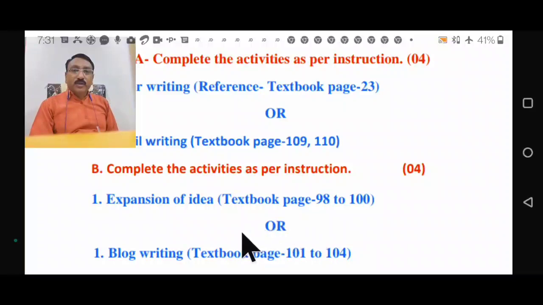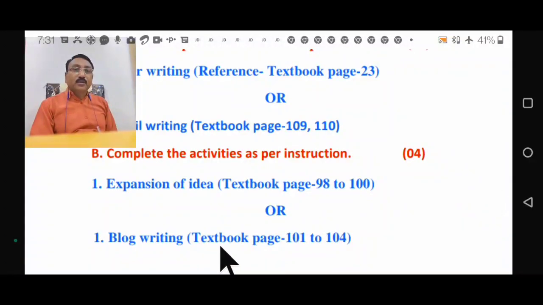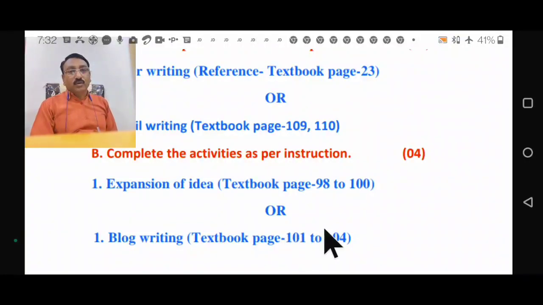We have already discussed in the blog how to attempt the activity based on expansion of idea. I have also explained a little bit about the expansion of idea and blog writing. For more details, the student may go through the textbook and see page number 98 to 100 for expansion of idea, and for blog writing page number 101 to 104.